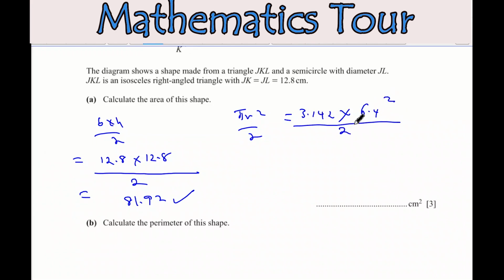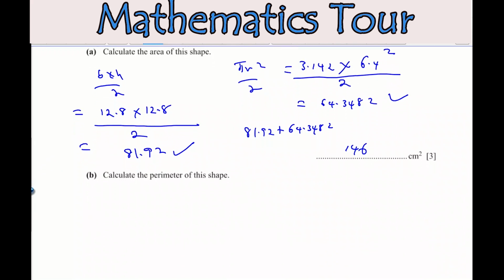You can input this into your calculator straight away and you should get 64.3482. So this is my second answer. So when you add the two together, that is 81.92 add 64.3482. So you should get 146, correct to 3 significant figures.